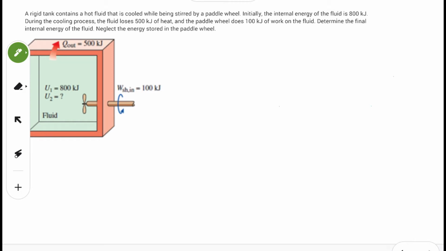So in the problem, we have a given figure. Here we have the internal energy, 800 kilojoules. The fluid loses 500 kilojoules of heat, so the heat rejected, or heat loss, Q out, is 500 kilojoules.